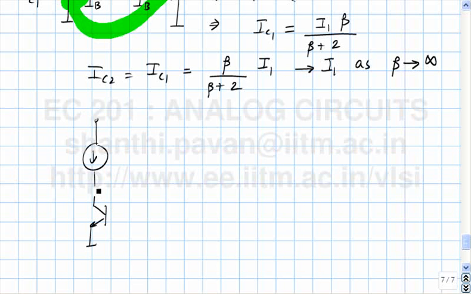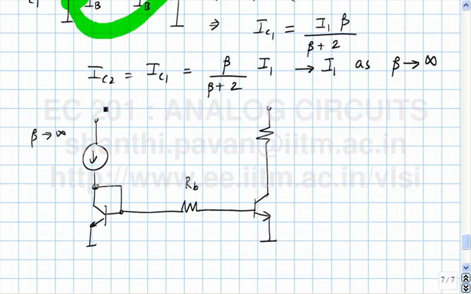you can make an amplifier out of this chap by following the usual same old trick. If these two transistors are identical, so you choose RB. So let's assume that beta is infinity. This is VCC, this is VCC, this is RL, this is I1, let's say.